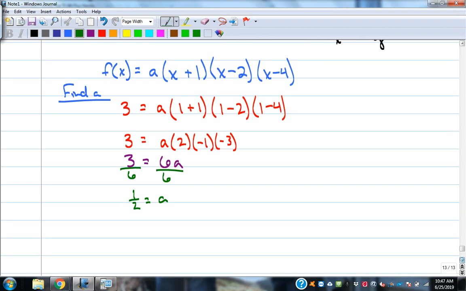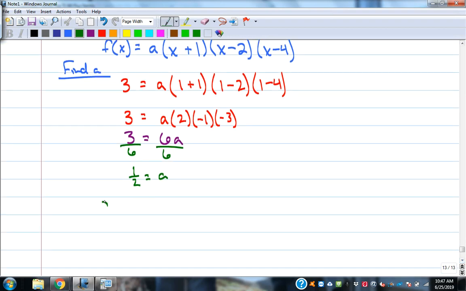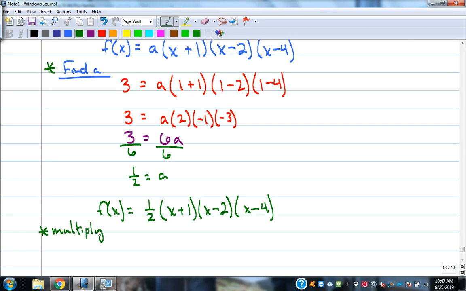Now, that means I can go back to my polynomial and put a 1/2 in there. Next thing you want to do is multiply it out. So we're going to multiply out this polynomial.